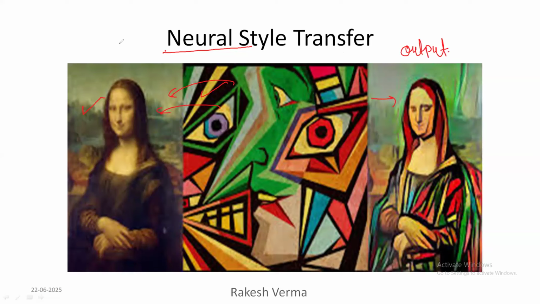This is the output, this is the input image, and those are the source images from which we take or copy the content or information to apply to the input image, then we get the output image. So nowadays this design or color is applied on the given image. That is called neural style transfer. Clear?